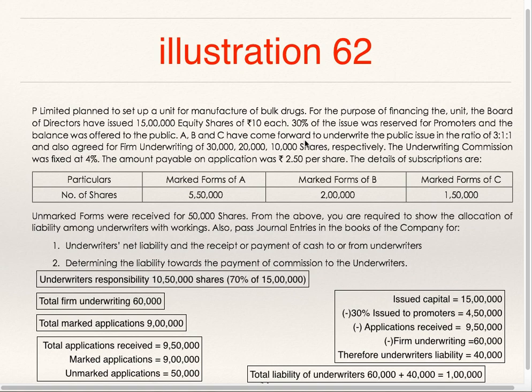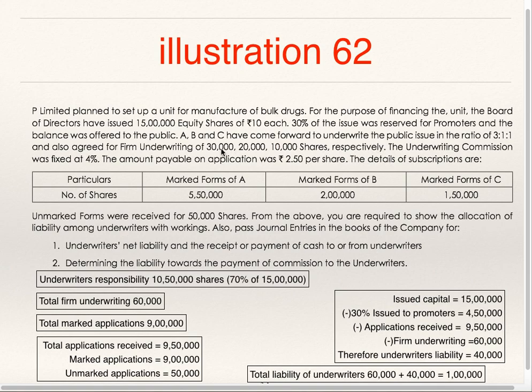A, B and C have come forward to underwrite the public issue in the ratio of 3:1:1. This is the gross liability ratio. So they will take the responsibility of 10,50,000 shares in the ratio 3:1:1 and also agreed to firm underwriting of 30,000, 20,000, 10,000 shares respectively.